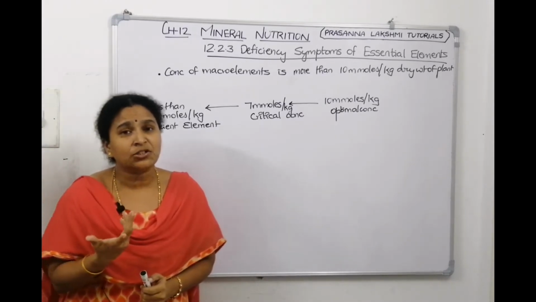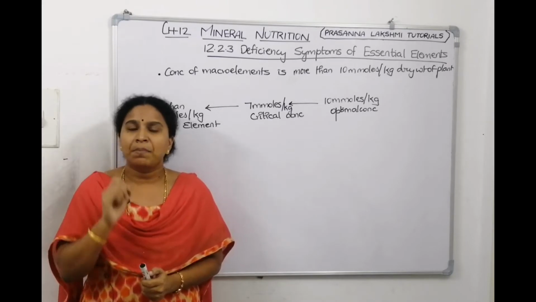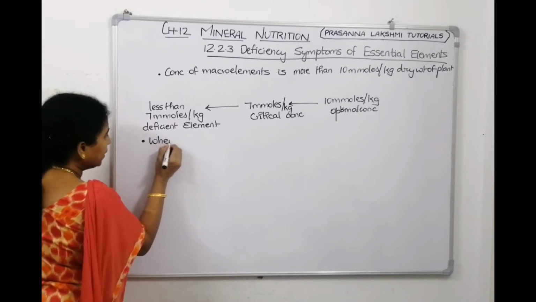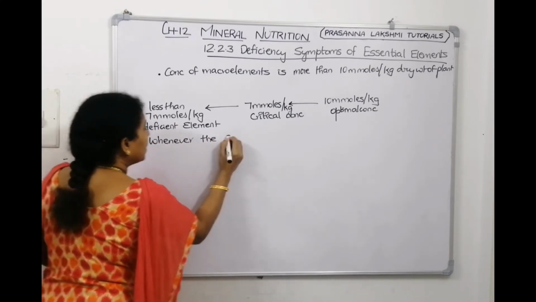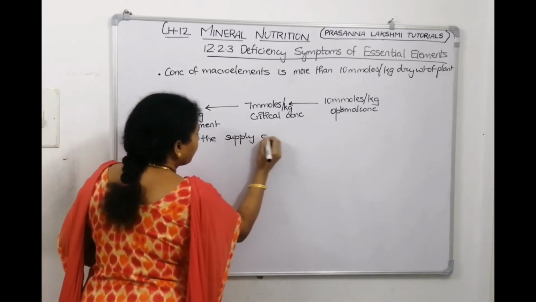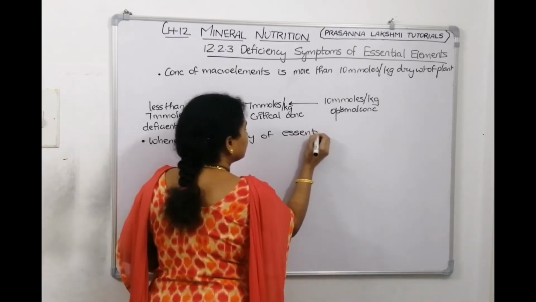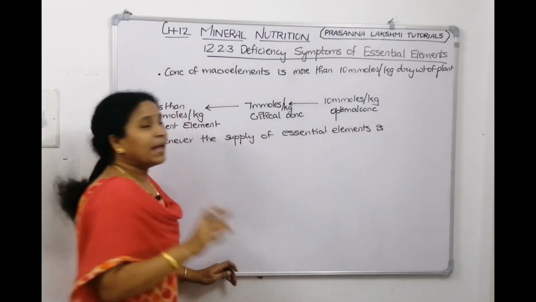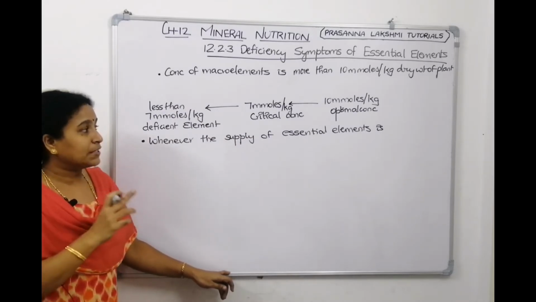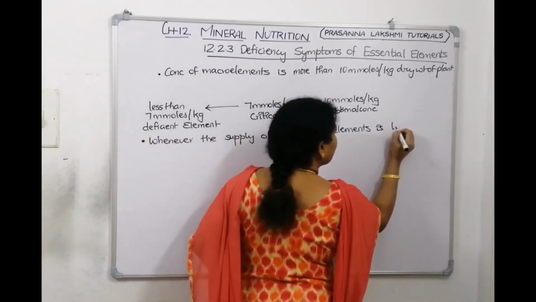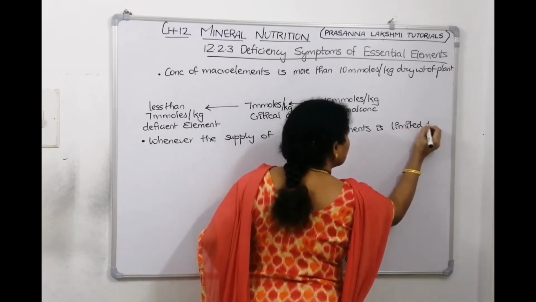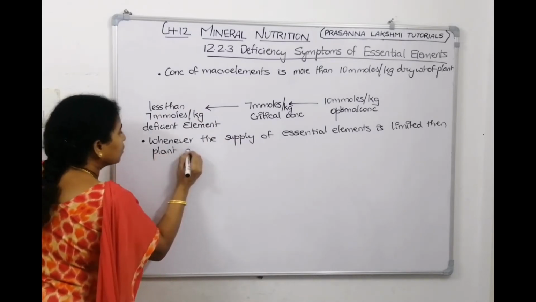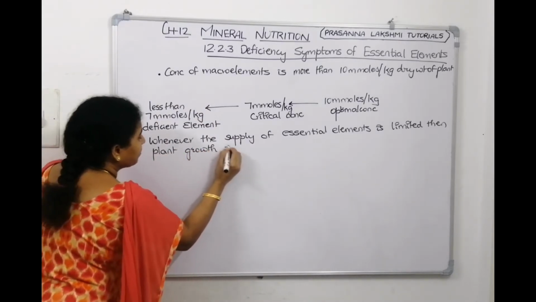Whenever the supply of essential elements becomes limited, if you are not supplying the essential element, what happens to the plant growth? Plant growth gets retarded, right? Let us write down. Whenever the supply of essential element is limited, if the concentration decreased, then the plant growth is retarded, decreased.